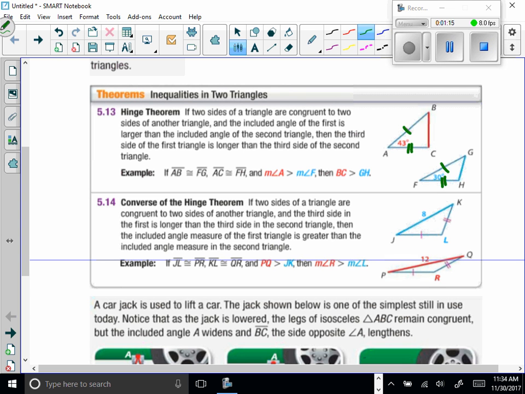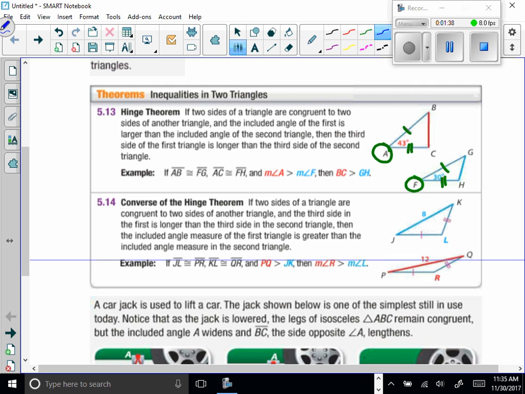And the included angle, included means between the two pairs of congruent sides, of the first is larger than the included angle of the second. Then the third side is longer than the third side of the second triangle.